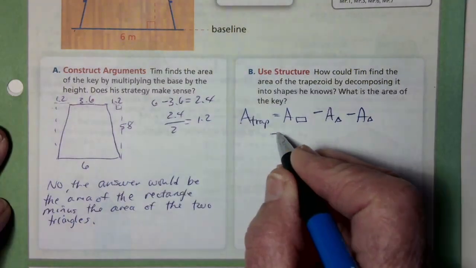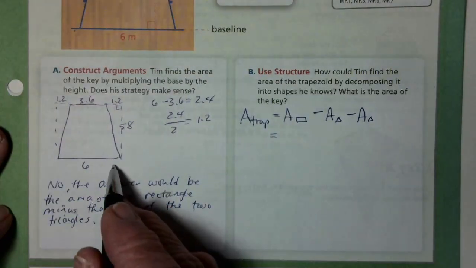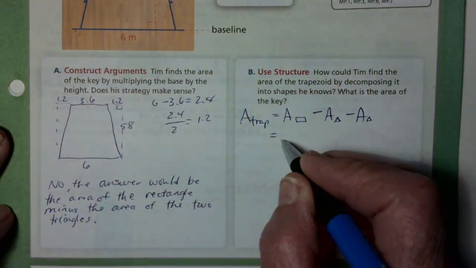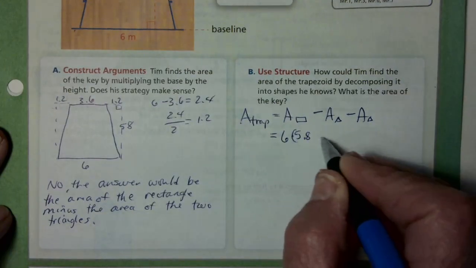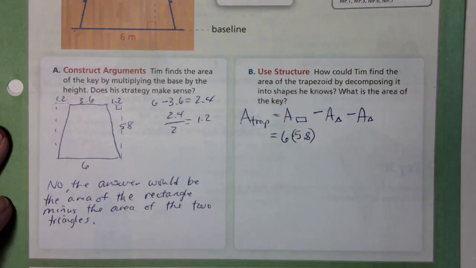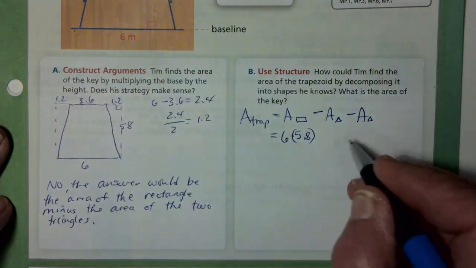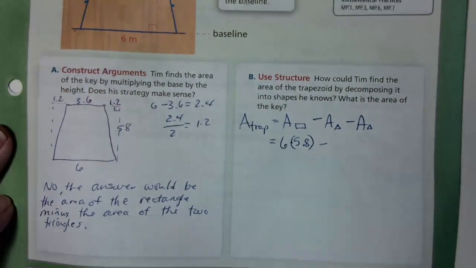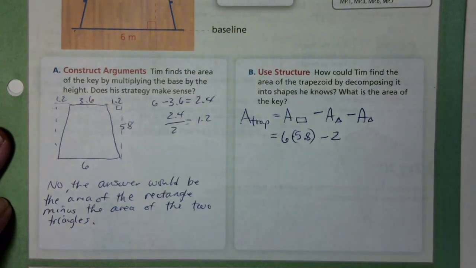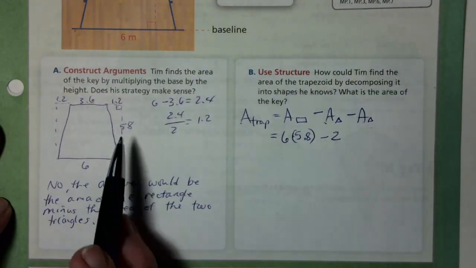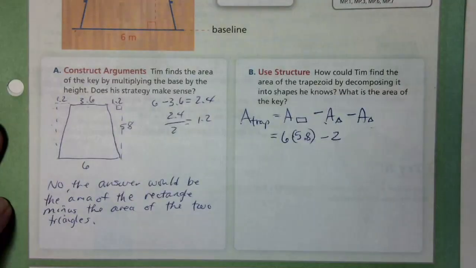Well, the rectangular area is easy. It's 6 times 5.8. I'm going to use parentheses. I don't like the dot when I've got decimals in there. And then I'm going to subtract off, and please, I hope you understand what I'm doing. I'm going to subtract off 2, because there's 2 of them, and they're the same size, 2 area of the triangles.